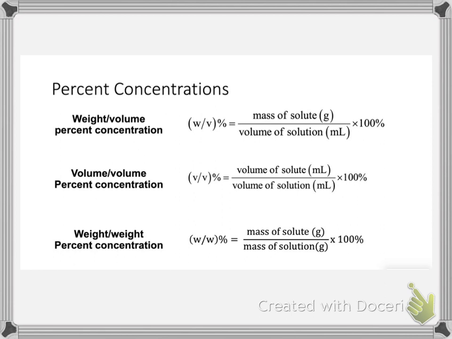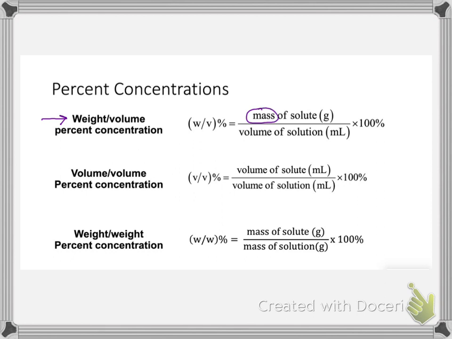So it has 3 equations, and at first it looks so intimidating, but really it's one equation with only slight variation. If we look, we can compare weight to weight. That's the first one. And notice that by weight, they're referring to mass.